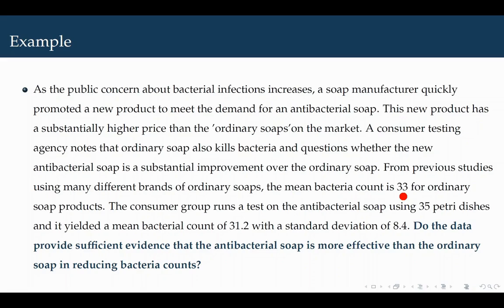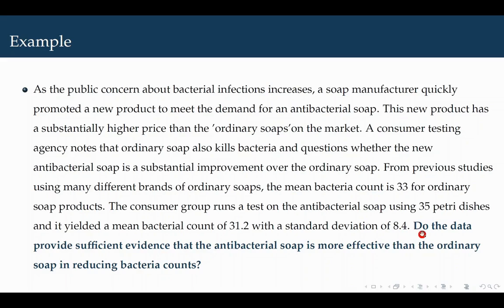Then the consumer group runs a test on the antibacterial soap, which is the new one, using 35 petri dishes, and it yielded a mean bacterial count of 31.2 with a standard deviation of 8.4.